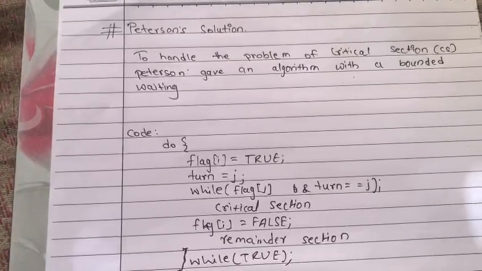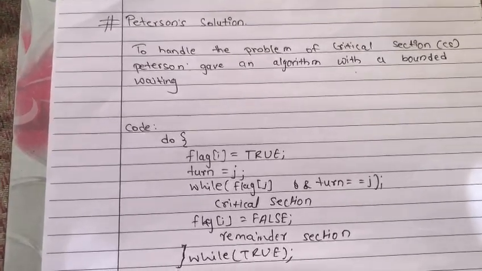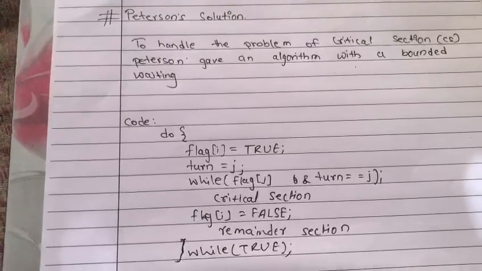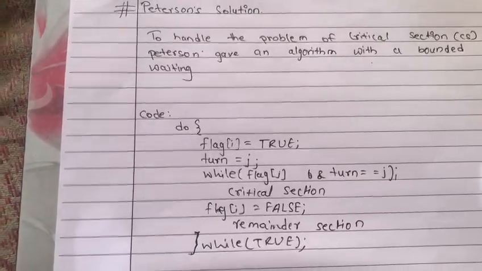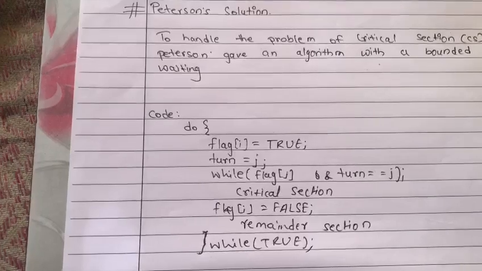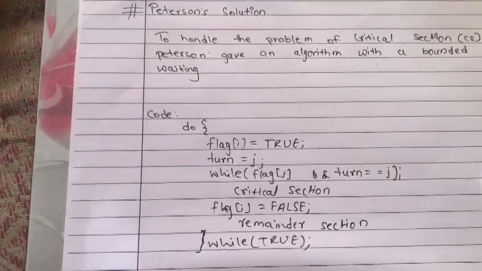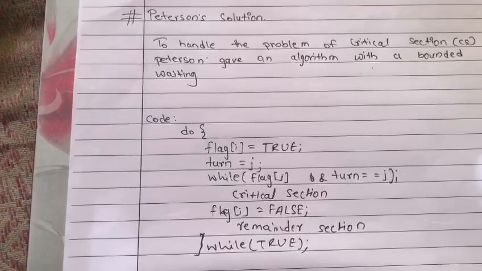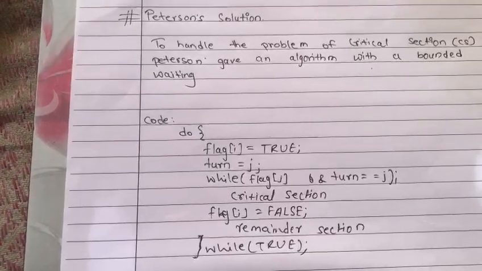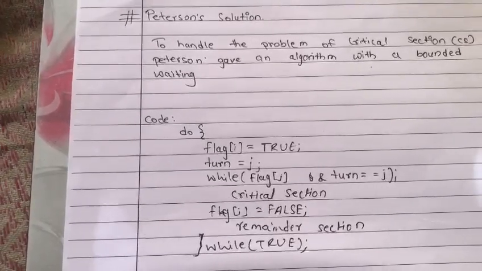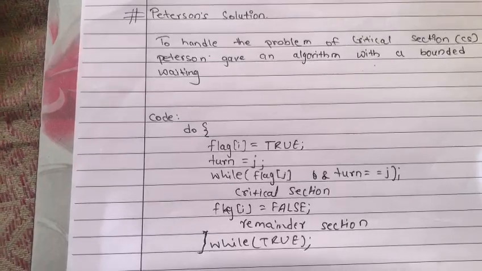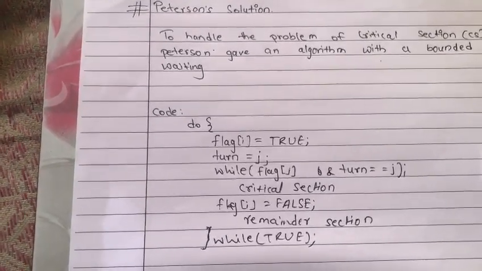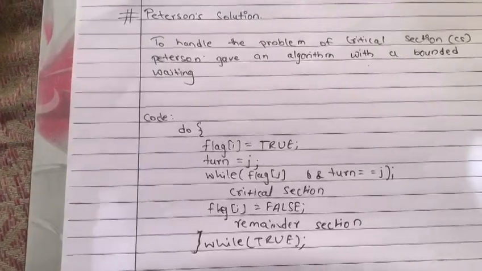That is, suppose Pi wants to enter, so it will set flag[i] true. There is another variable called turn, which indicates the process number which is currently to enter into the critical section. The process that enters into the critical section, while exiting, would change the turn to another number from among the list of ready processes.